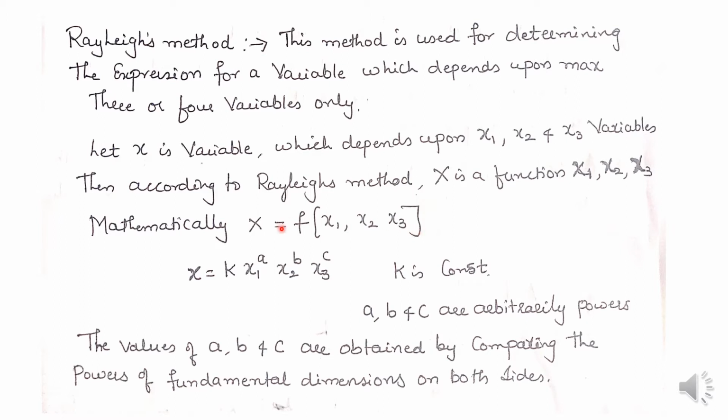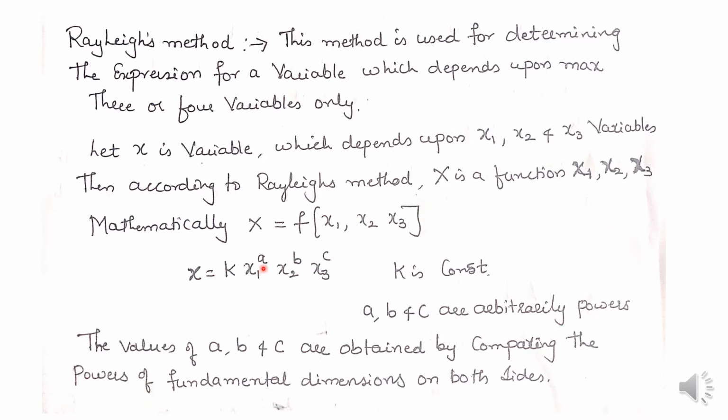If I remove this function term, then x is written in the form of k times x1 to the power a, x2 to the power b, x3 to the power c, where k is a constant. These are the steps to follow in Rayleigh's method, where k is a constant and a, b and c are arbitrary powers.